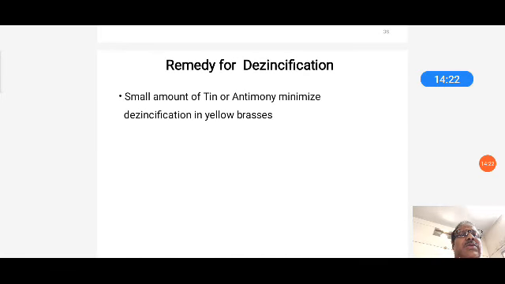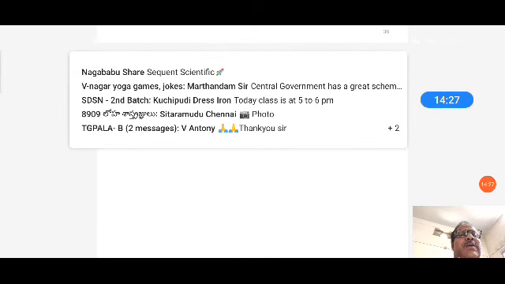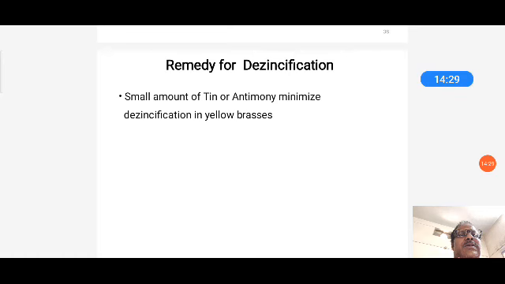That is the best solution to avoid it. So that is all about copper alloys, especially brasses. In the next class we will discuss copper-tin alloys, that is bronze alloys.